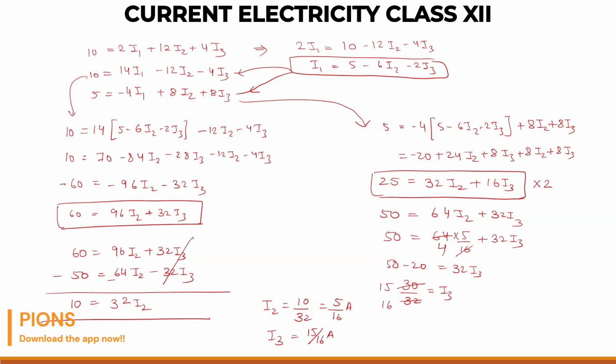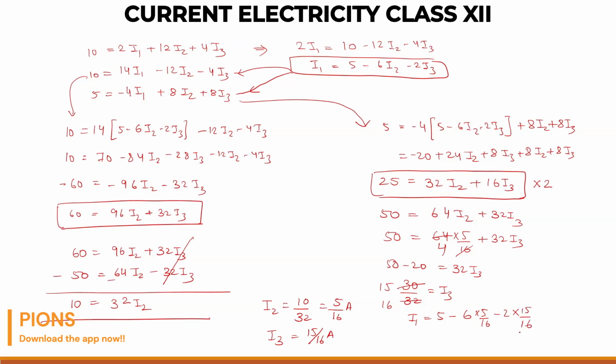Yes. Where do we have to plug in now? You have to plug in over here. So when you plug in there, what will you get as the value of I1? Let's substitute. So I1 will be equal to 5 minus 6 times I2, that is 5 by 16, and minus 2 times I3, which is 15 by 16.